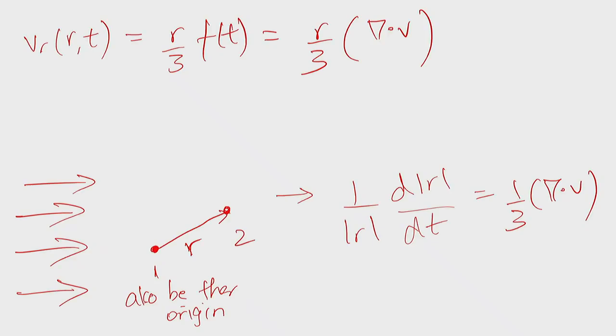So, okay, we have this equation here, 1 over R dr dt equals 1 over R del dot v. Again, this is for a dilational deformation.